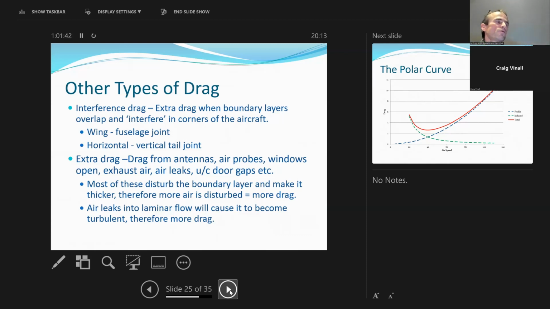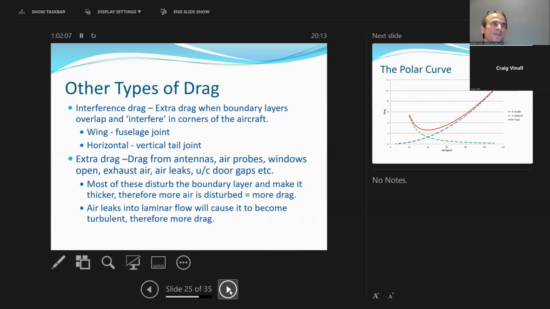So for fuselages, the first half to 2/3 of your fuselage up past the cockpit is probably going to be laminar flow. By the time it gets to about 2/3 of the way down towards the wing, it's starting to transition there somewhere. Things like the yaw string will cause turbulation.